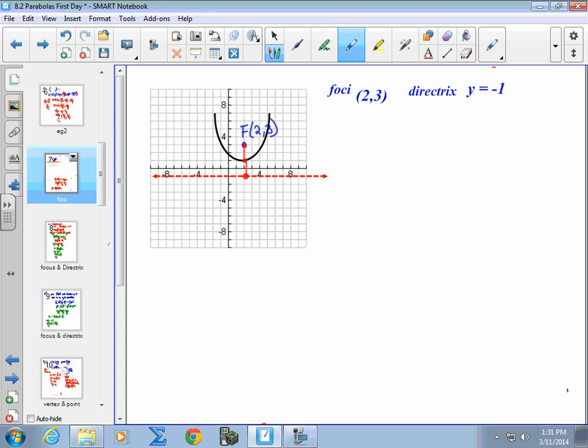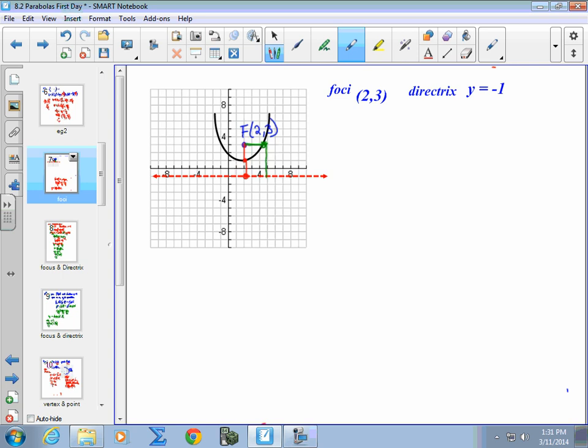It also says in that definition that any point on this curve, if we draw a line from that focus to any point on the curve, this distance is the same as that distance. I realize my picture's not very good and it doesn't look that way.